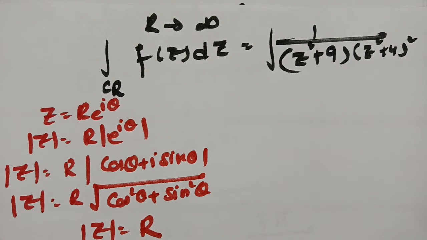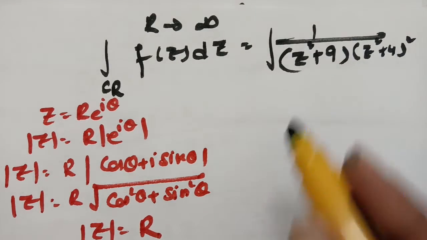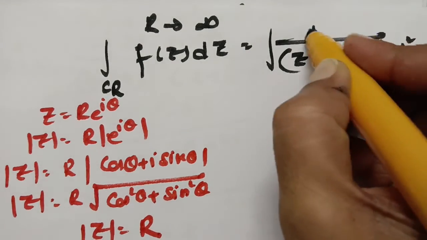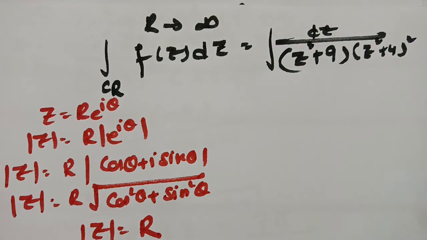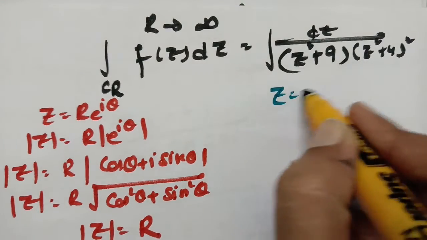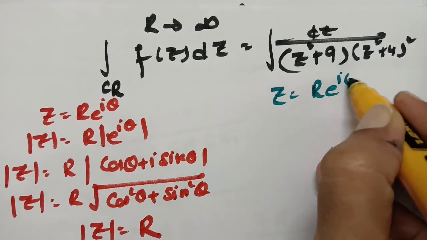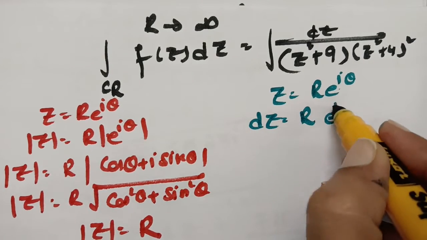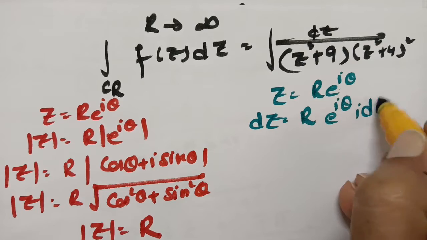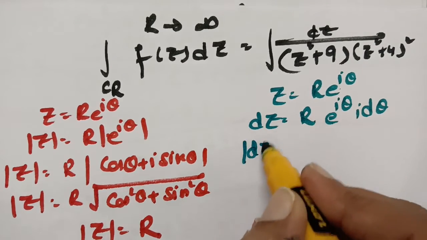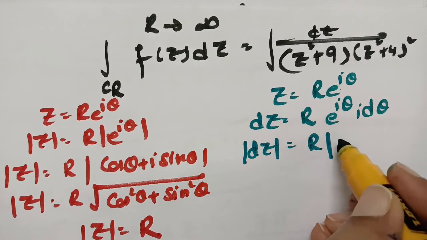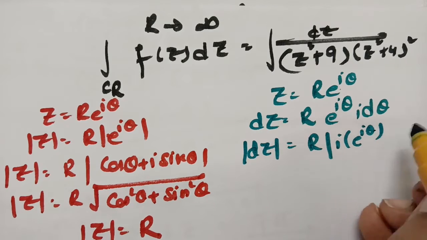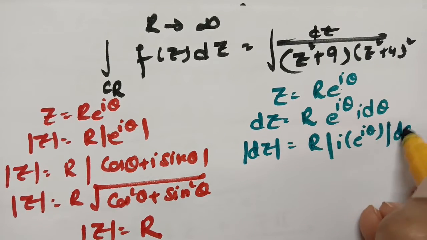And the next thing here is, so dz is also there. For dz value, what we have to do? We have to take the derivative again of z is equal to r into e power i theta. So dz value is equal to r into, if I take the derivative, e power i theta, i into d theta. Again, if I take modulus, r times of modulus i times of e power i theta into d theta.